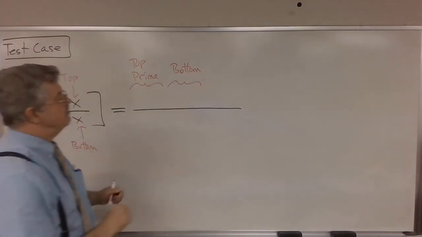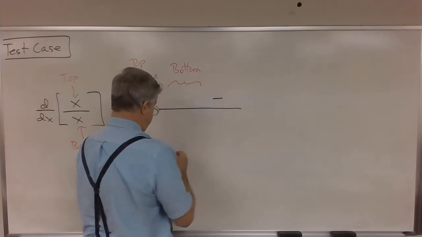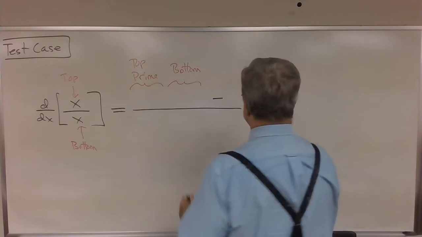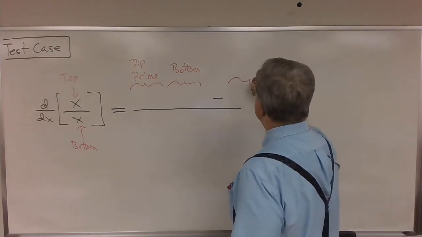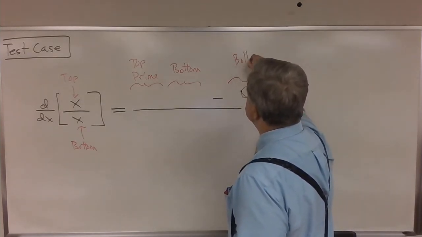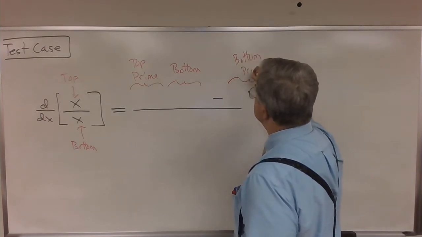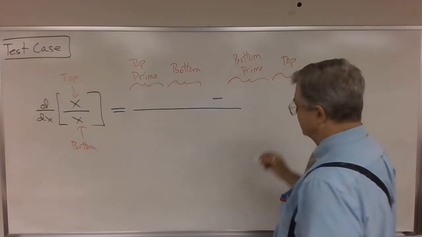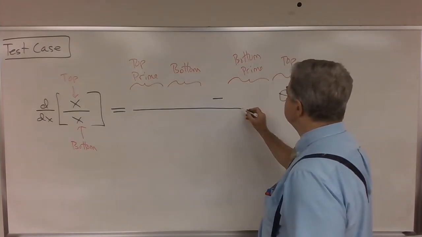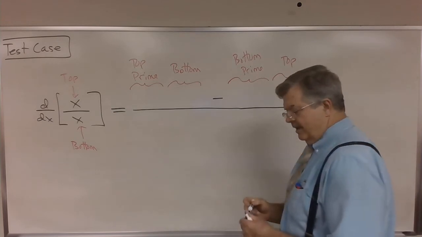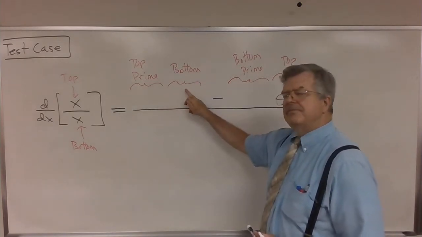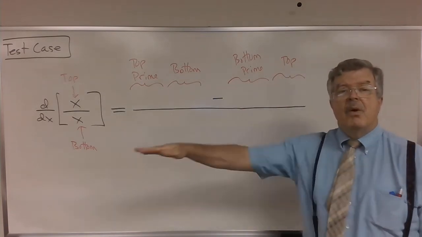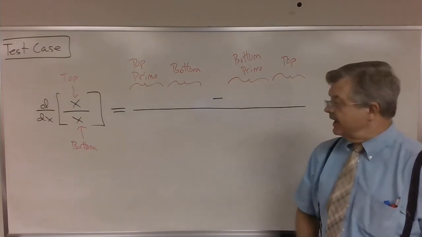Top prime times the bottom minus bottom prime times the top. So I have bottom prime here. Top prime times the bottom minus bottom prime times the top all over the bottom squared.